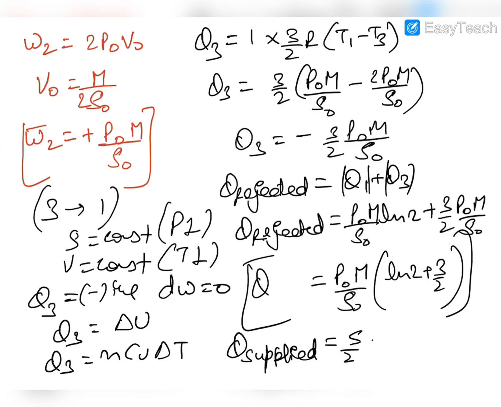5 by 2 P naught m by rho naught. And now if we find out the efficiency of the cycle, then efficiency we know is work done upon heat supplied, and work done will be equal to W1 plus W2 because W3 is 0.